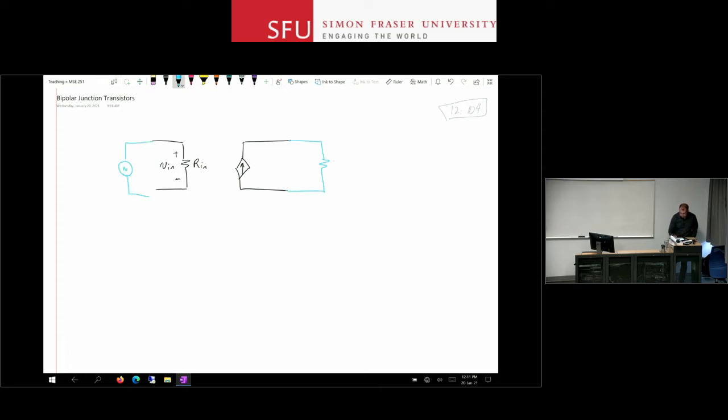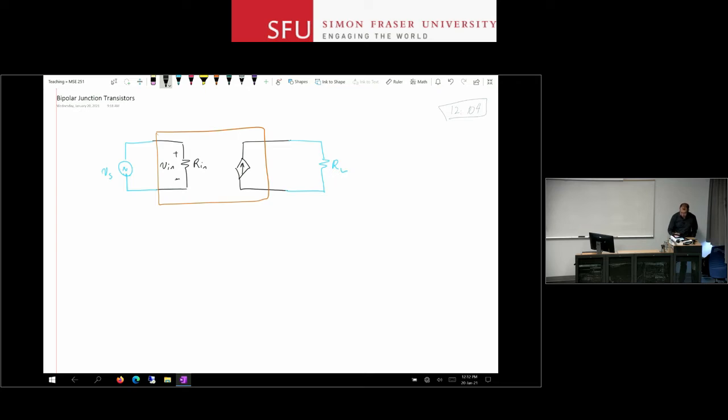And what happens here is that I have a load on this side, I have a source on this side, and this source controls what happens to the load through this device. So what is in this box sets the device that I use.